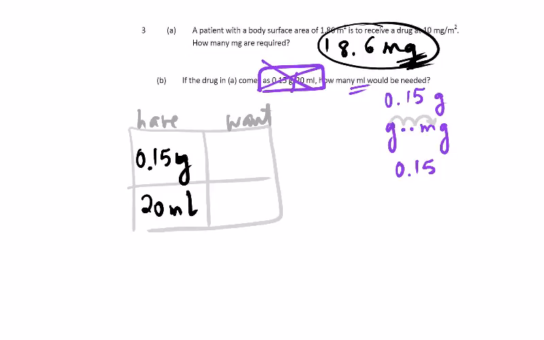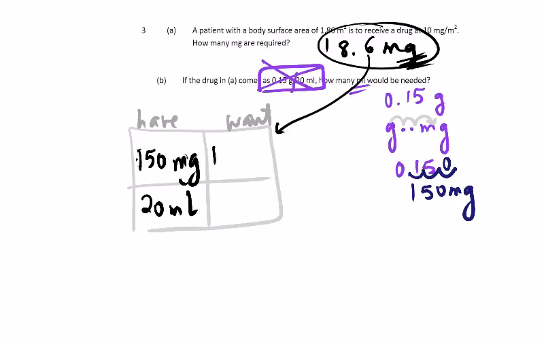So let's do that. 1, 2, 3. Room for a 0 here, so 150 milligrams. It's not a crime to write it in as grams, so long as you know we have to change it to milligrams. So now the have is in, and we can add the 18.6 milligrams to the box.